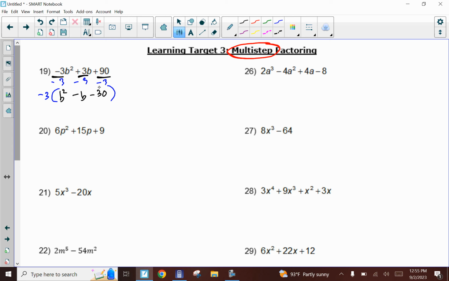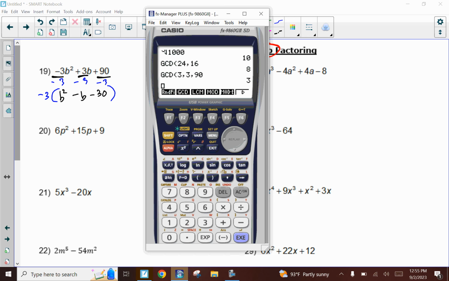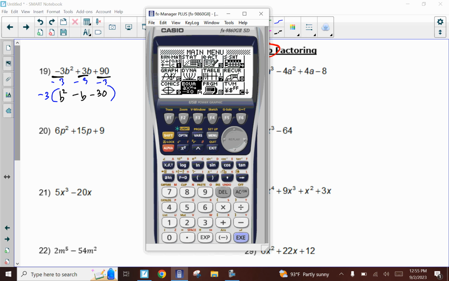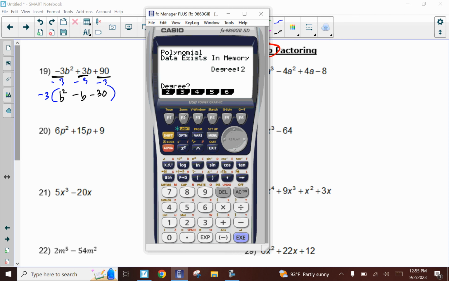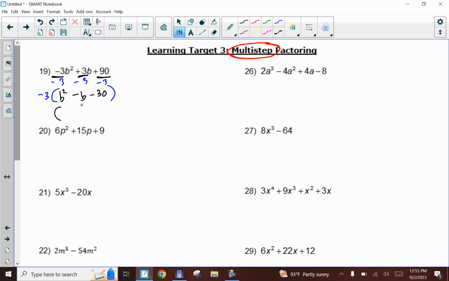Now this is a simple ABC, so on a simple ABC, I'm going to use my life hack. I'm just going to go ahead and use the solver, and we're going to put in 1, -1, and -30. This solver gives us the answers, but then we can just flip the signs to come up with the factors. So if that's a 6, that means that in here we're going to have a -6.